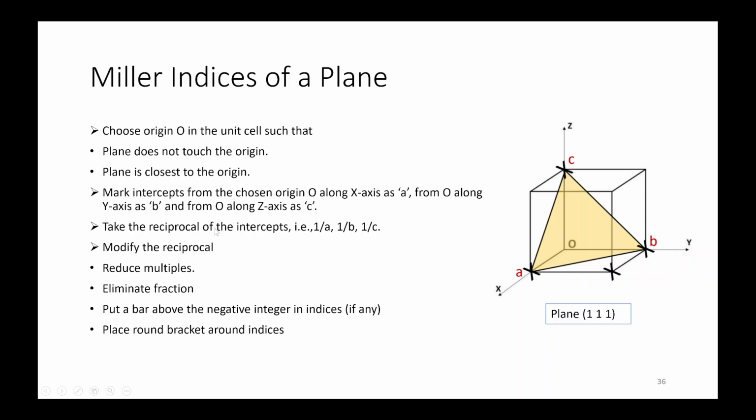In case of planes we'll be taking reciprocals, so 1 by A, A will be 1, B will be 1, C will be 1, so reciprocals will again be 1, 1, 1. And if it is in terms of fractions or multiples, we can either divide by the same number or multiply by the same number to eliminate fractions. And then we'll be putting a bar, like A bar, if an integer is negative, and we'll be placing round brackets around the indices to get the plane.